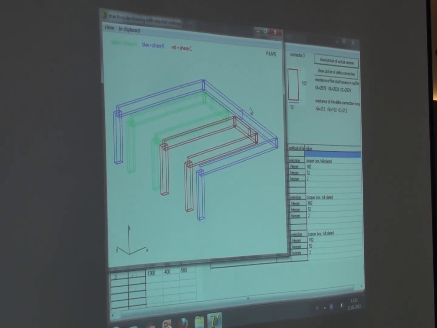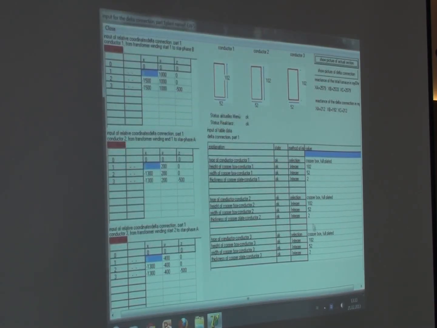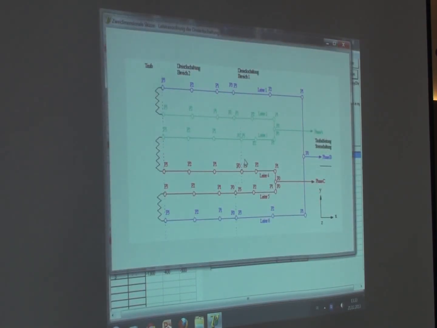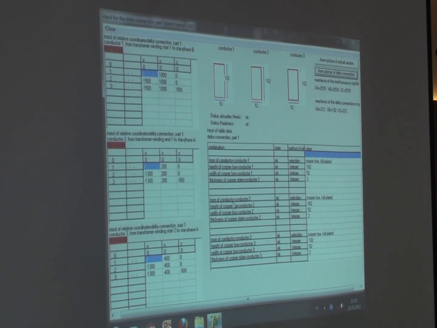So now we will have a look at conductor 1 and conductor 3. We will look at what conductor 1 is. Conductor 1: copper, box, fully plated, 102 millimeters. This is conductor 1, 2 and 3.